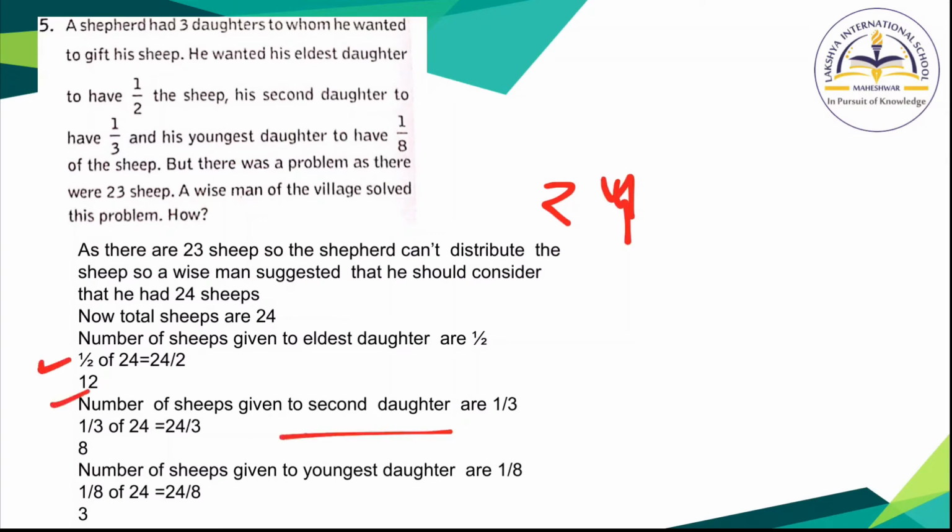Second daughter 1/3, 24 by 3 is 8. Now 1/8, 24 by 8, 3 will be the answer. So like this, the wise man will solve the problem.